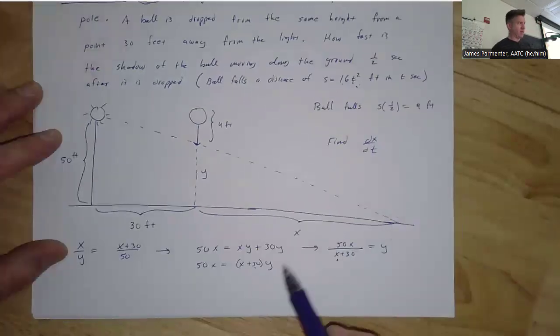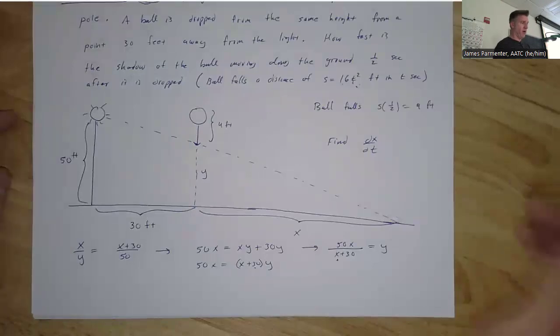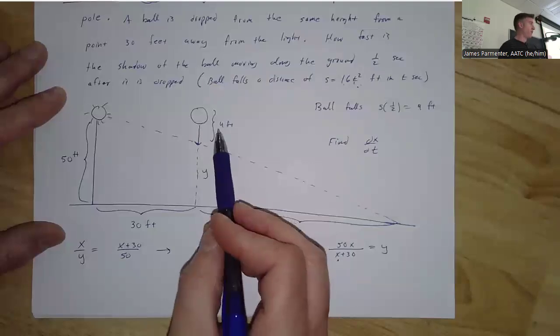But before we start differentiating both sides, I feel like we should try to identify what the things are. We know that the ball has fallen 4 feet.